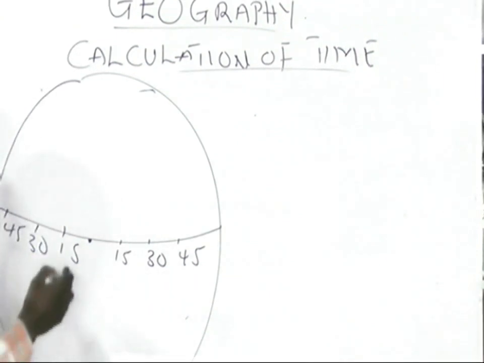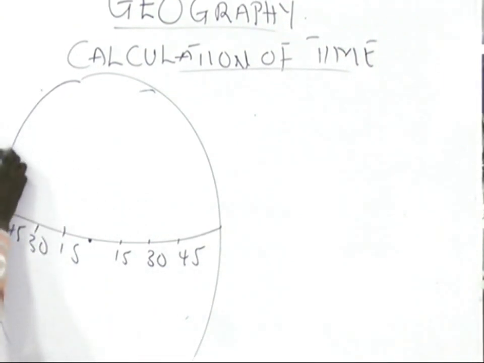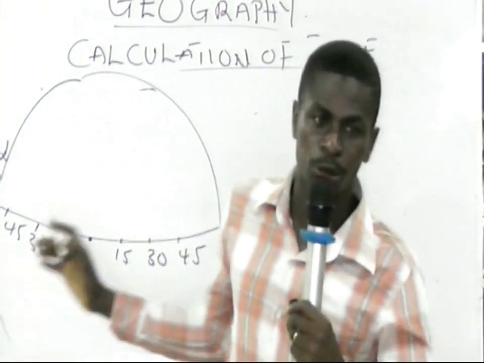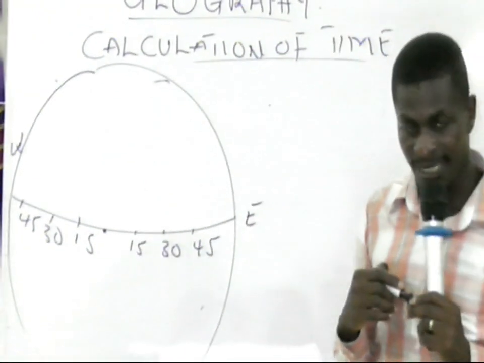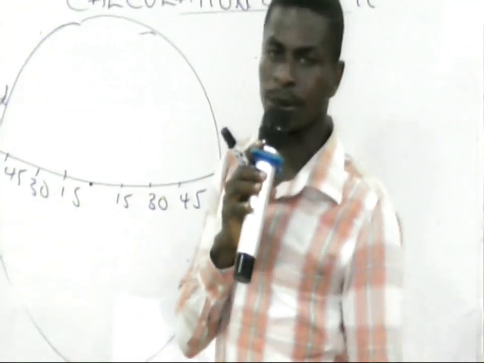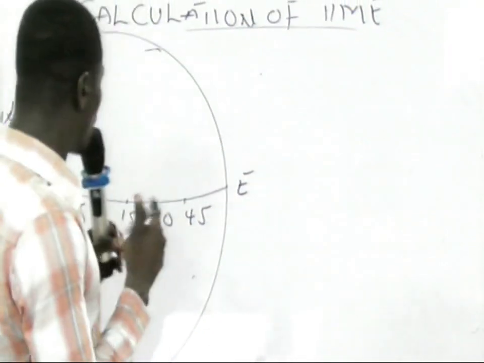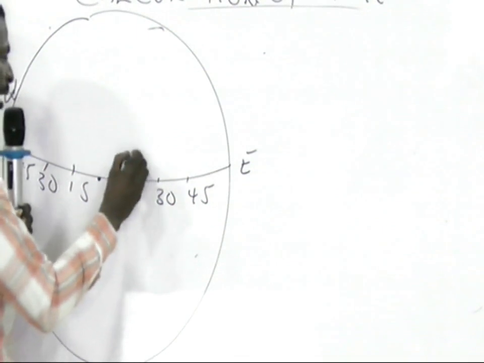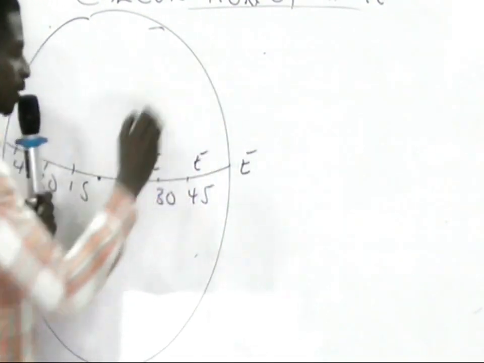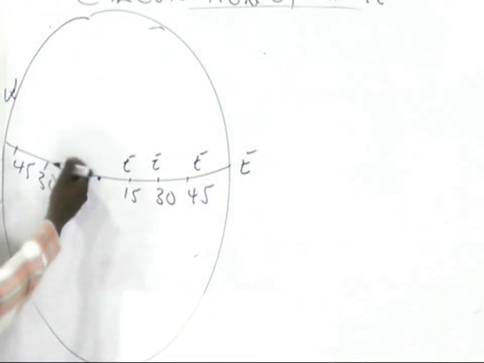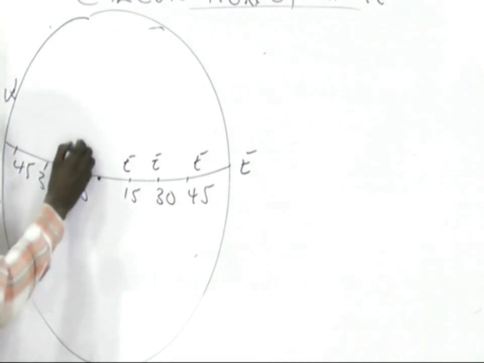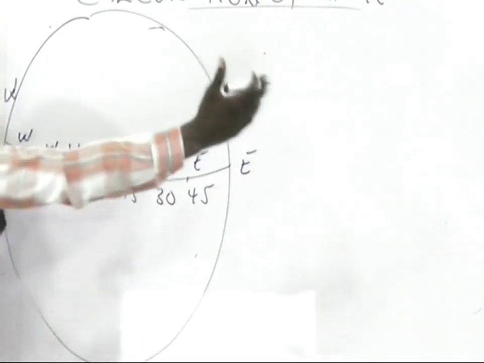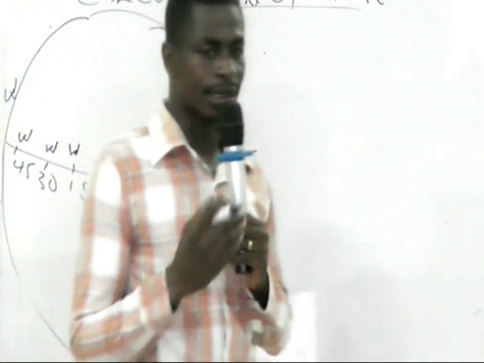And name it as west and then east. In calculation of time, let us assume that from here, 15 to 45, you have east, east, east. And then to the left, we have west, west, and west. So you have west to my left, and we have east to my right.